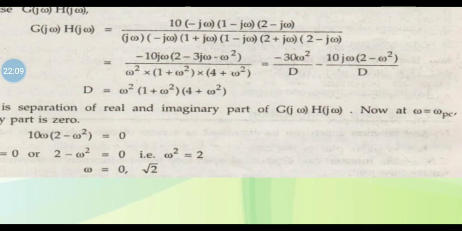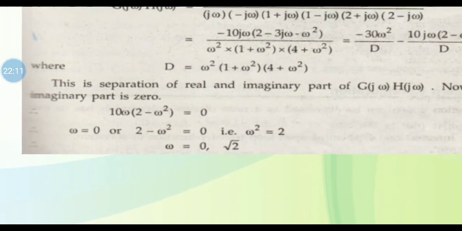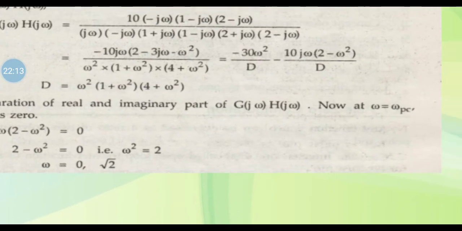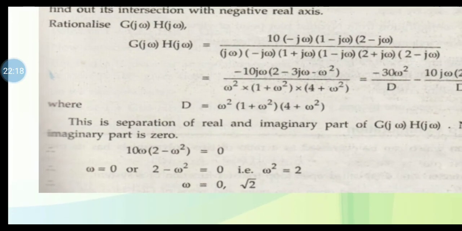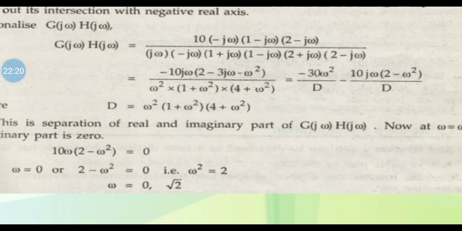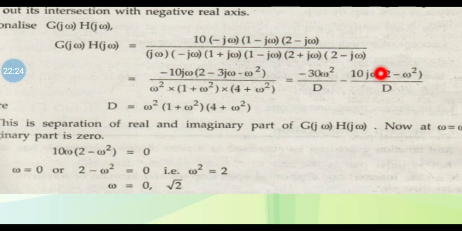Now at omega equal to omega pc, the imaginary part is 0. So the imaginary part, this part, must be 0. So 10 omega into 2 minus omega square is equal to 0. So omega is 0 or 2 minus omega square is 0.